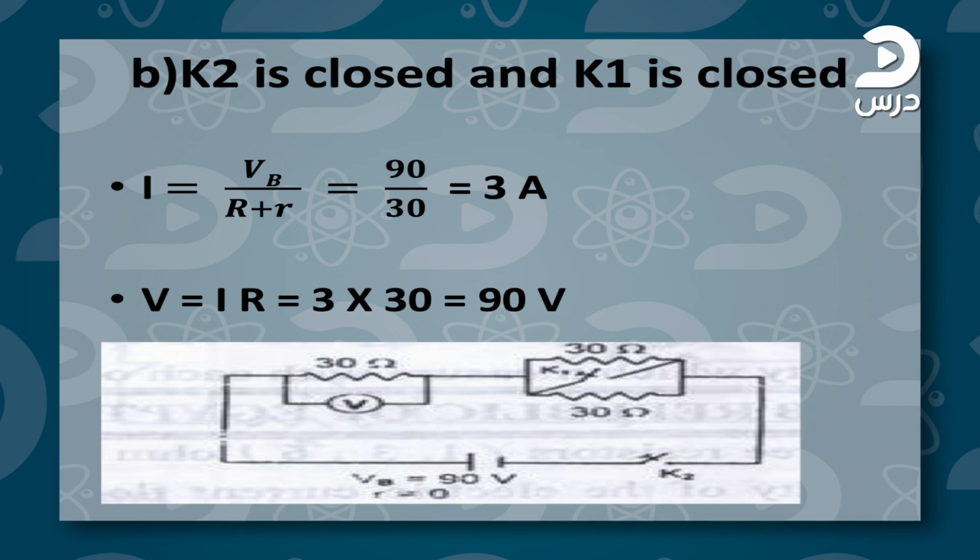So the total resistance of the circuit is 30 only. Apply the law I equals VB over R plus r: 90 divided by 30 plus 0 equals 3 ampere. But V equals IR, so 3 multiply 30 equals 90 volt. This is number B.